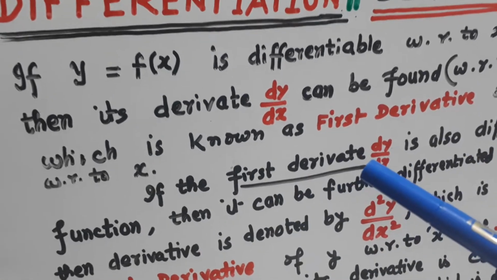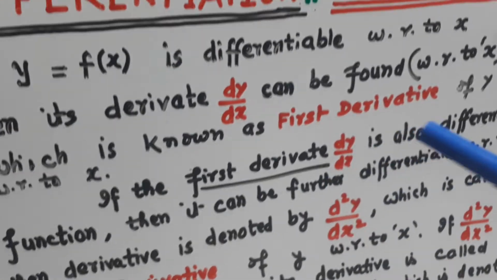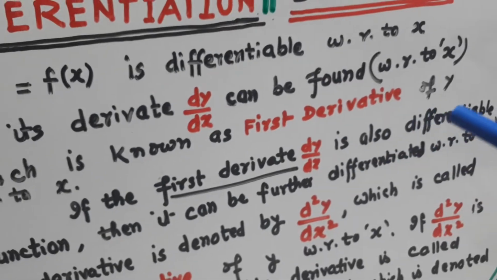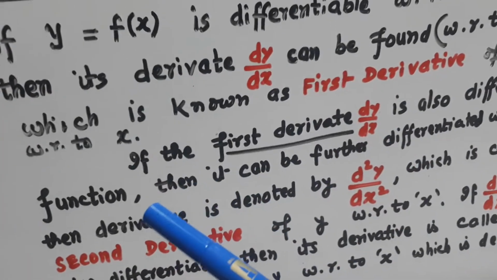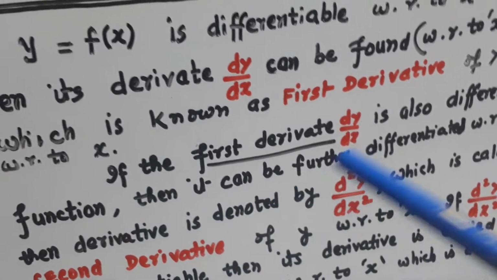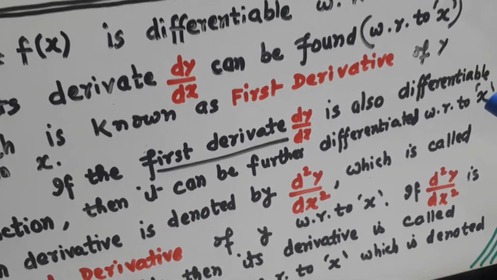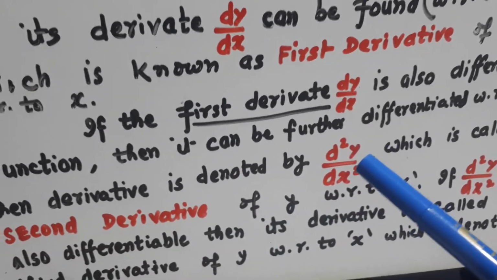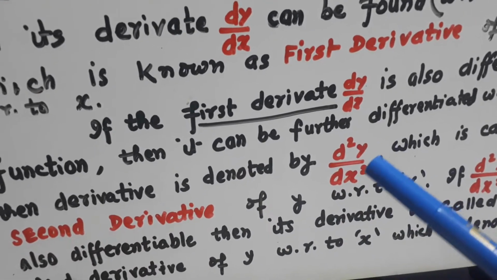If the first derivative, called dy by dx, is also a differentiable function, then it can be further differentiated with respect to x, and the derivative will come as d2y over dx square.